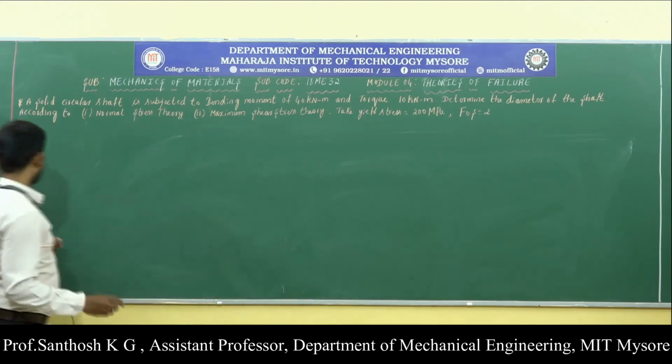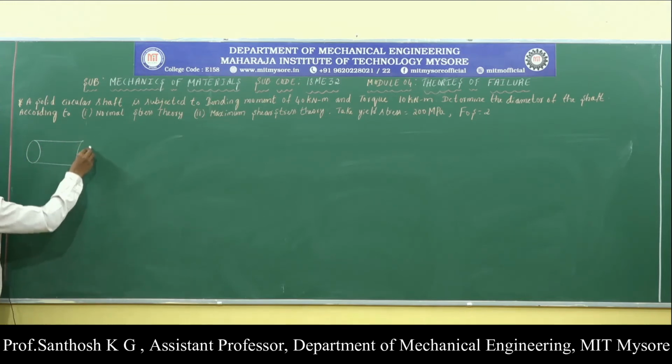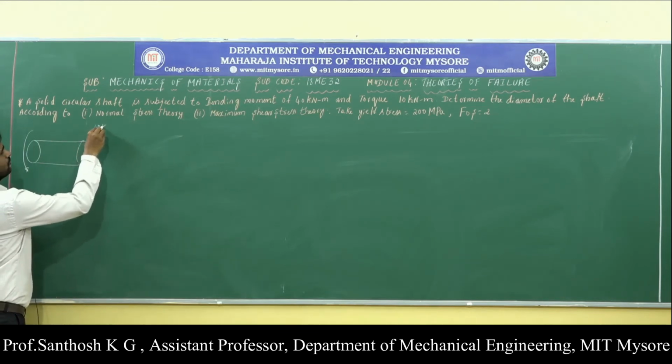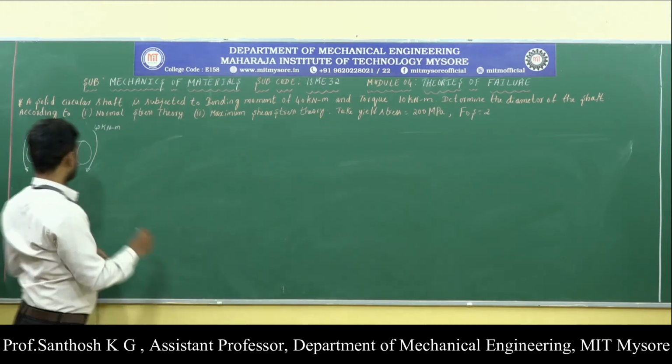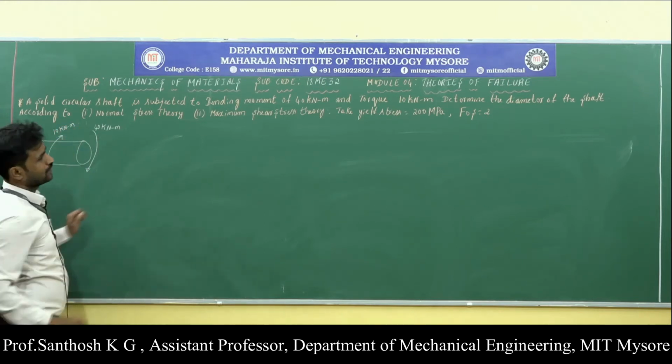The given problem is like this: we have a circular shaft. This shaft is subjected to a bending moment of magnitude 40 kilonewton meter, and also a torque of magnitude 10 kilonewton meter.